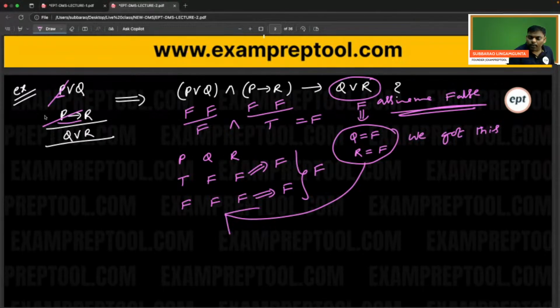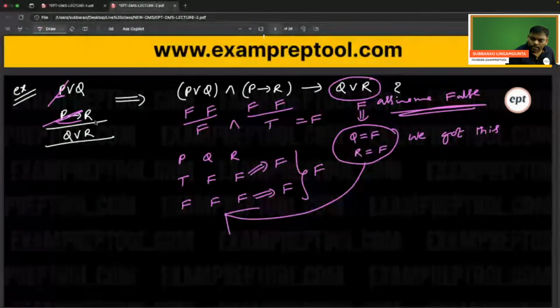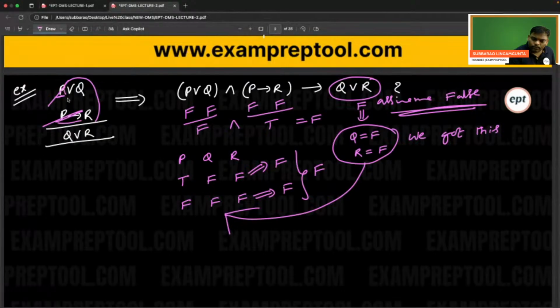The left out part is R R Q. So this is equal to this, both are the same. Simply cancel the first letter. P implies cancel, R R Q.